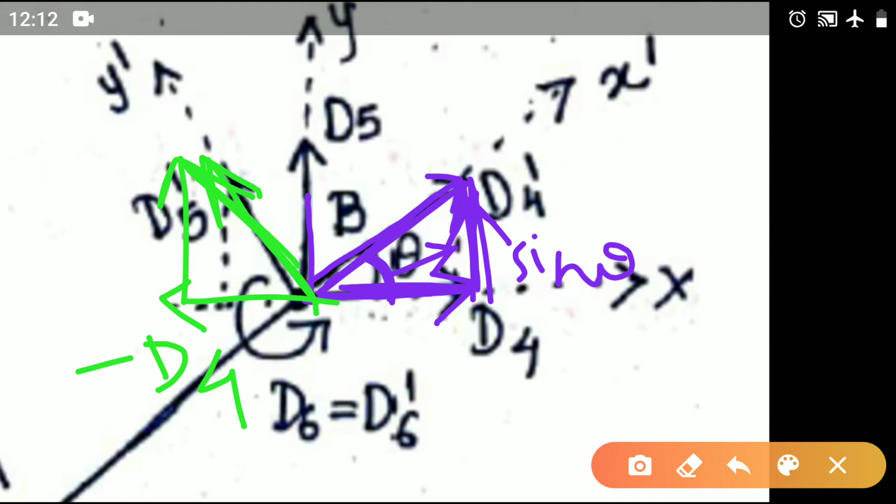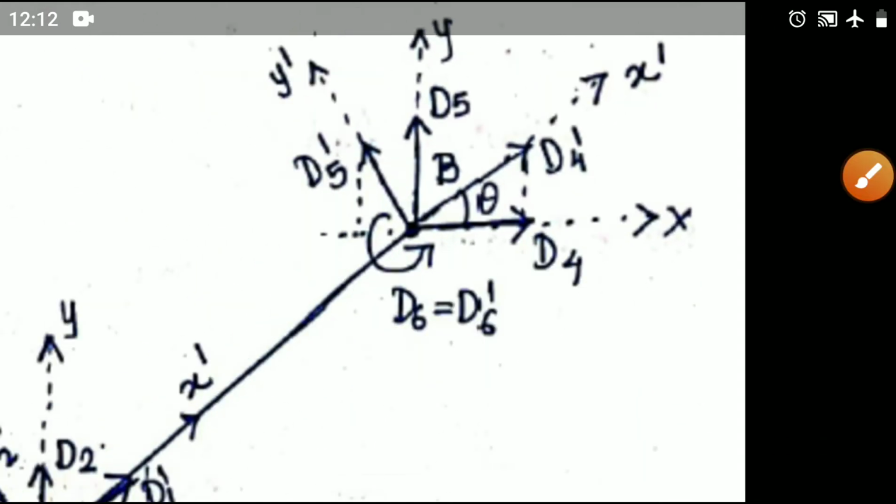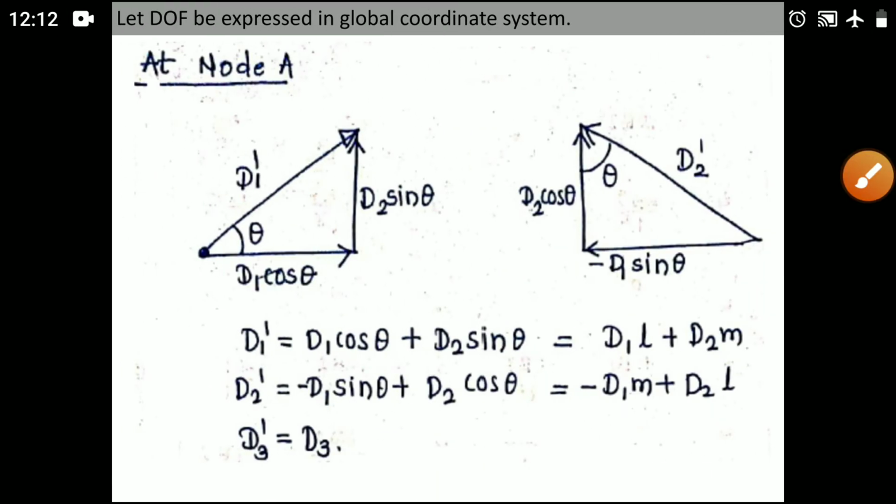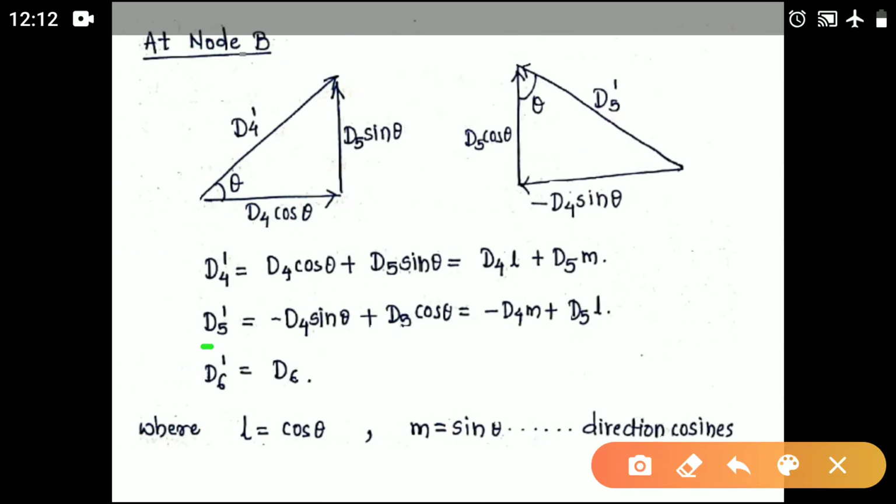So d5 dash is equal to, this theta is here, minus d4 sin theta plus d5 cos theta, and that is written here at node B. At node B, for these two equations d4 dash and d5 dash, cos theta and sin theta are replaced by L and M respectively, to write them in a simpler form.